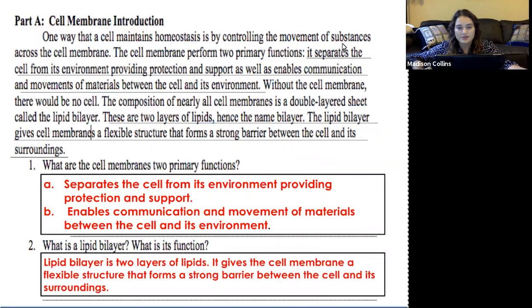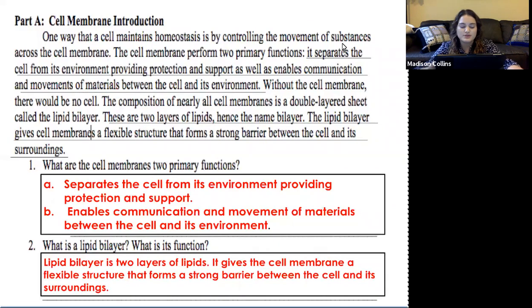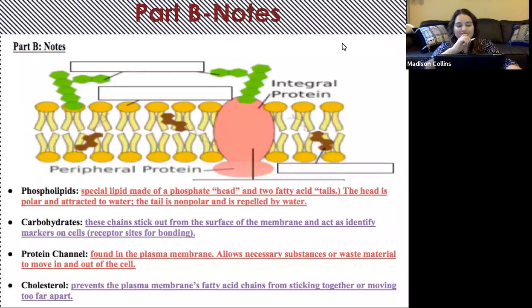This is what gives the cell membrane a flexible structure that forms a strong barrier between the cell and its surroundings. And hopefully you remember that the word lipid is just talking about fats. So it's actually made up of 2 layers of fats. All right. So as soon as you have written those down, let's move on.